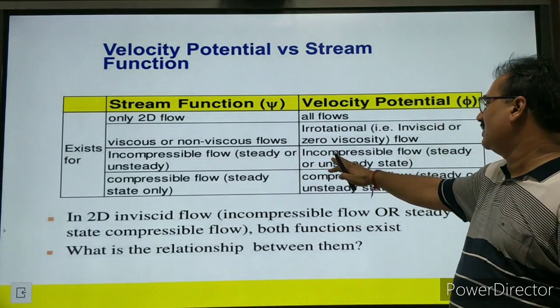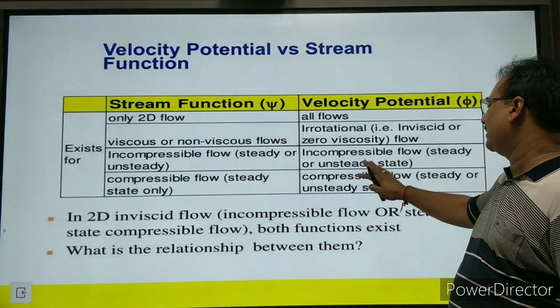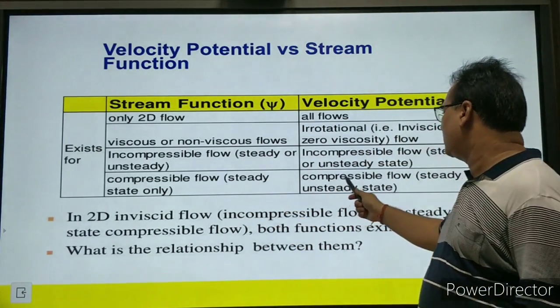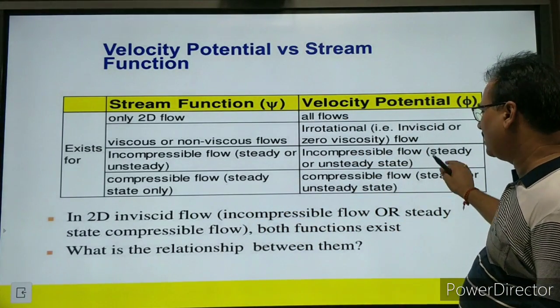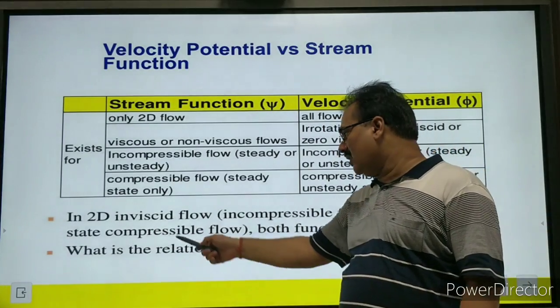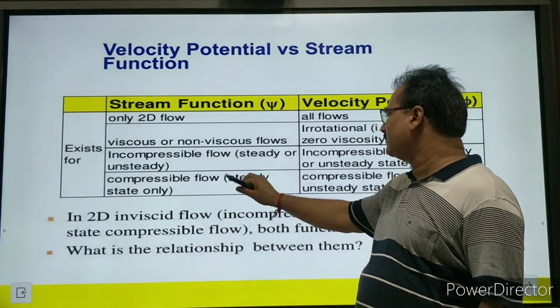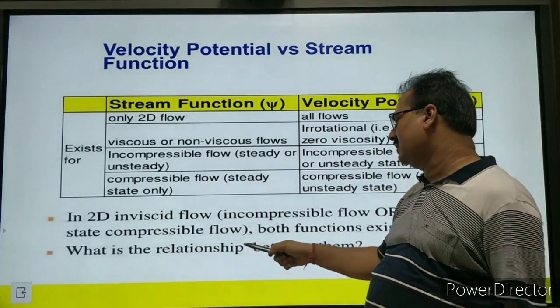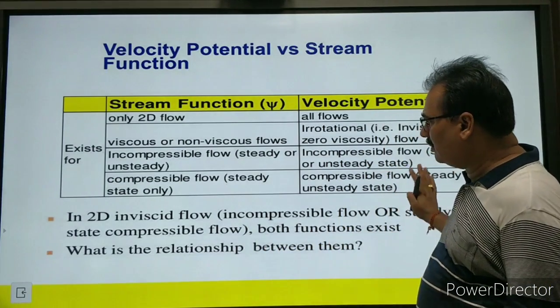Here it is incompressible flow, steady or unsteady state. Here it is compressible flow, and here it is also compressible flow under both states. In 2D, for incompressible flow or steady state compressible flow, both functions may exist.